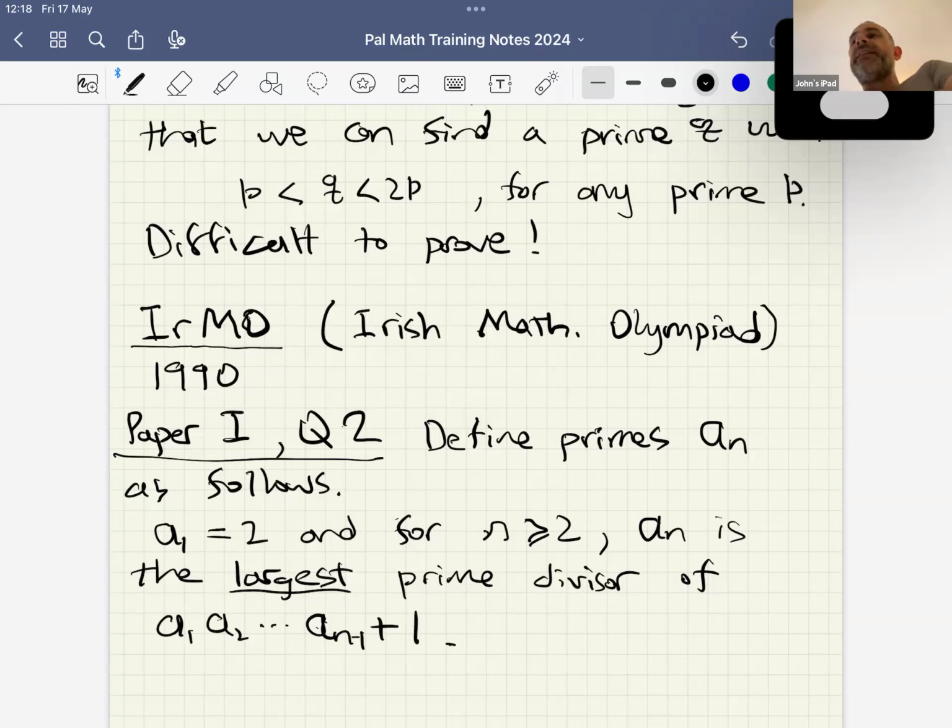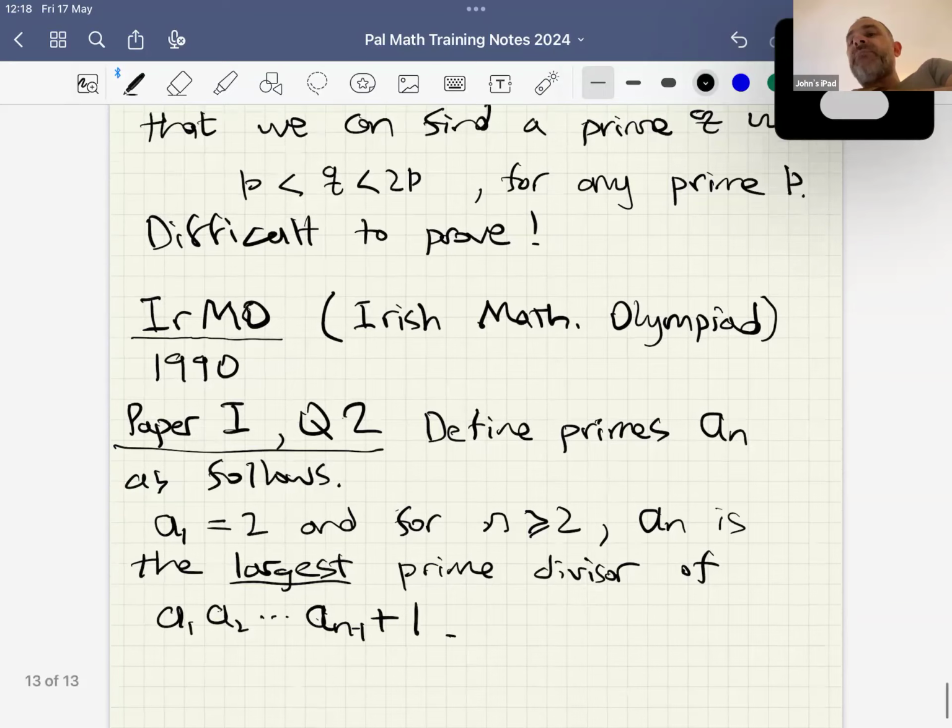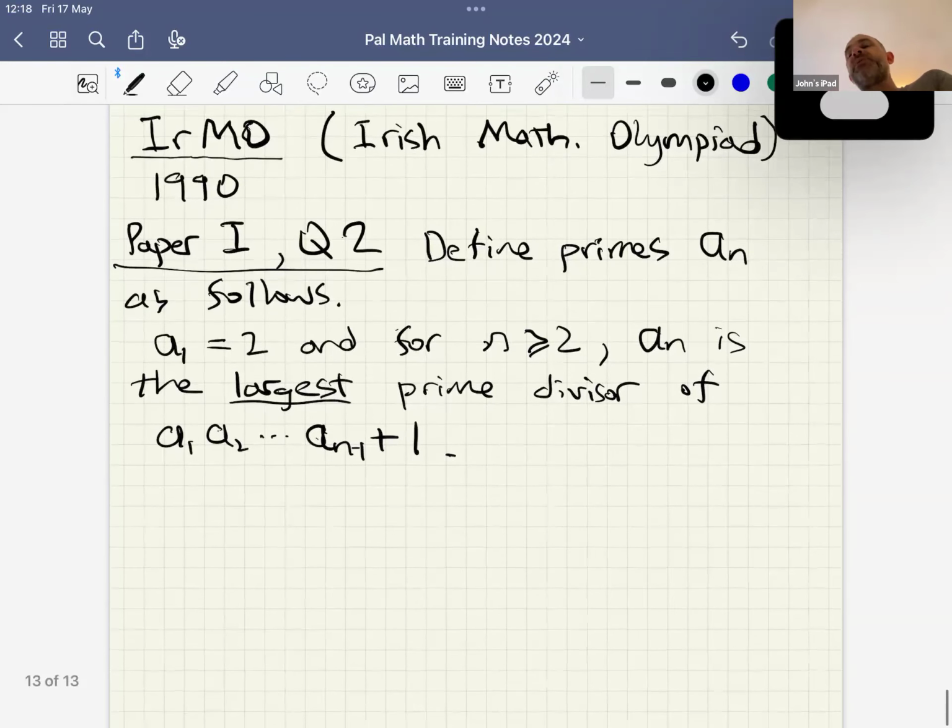I think you can see the genesis of this problem is actually Euclid's proof that there are infinitely many primes.